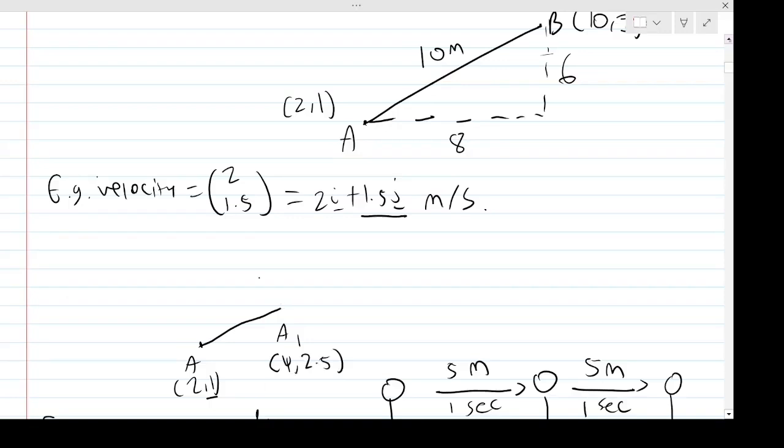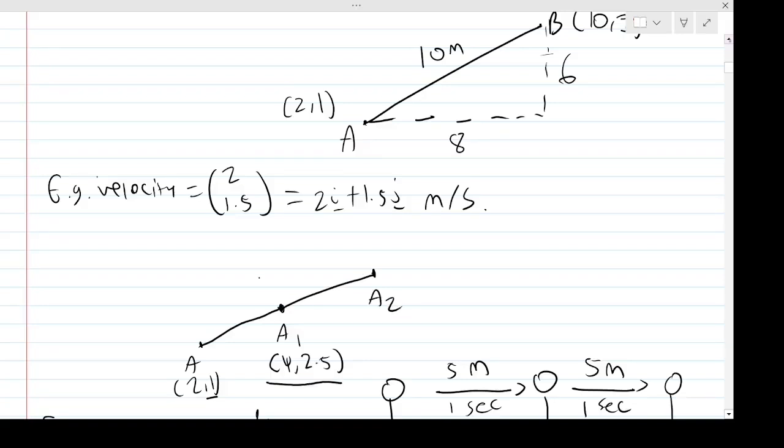That is the whole idea with velocity. I'm moving my point by this velocity. The velocity tells me how much I need to move my point by every second. If I continue on, now I'm at the point A2, and I do the same.